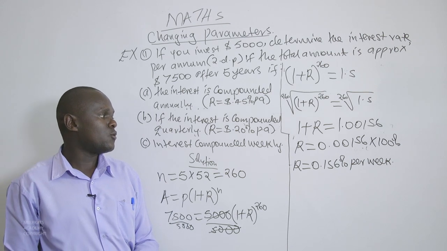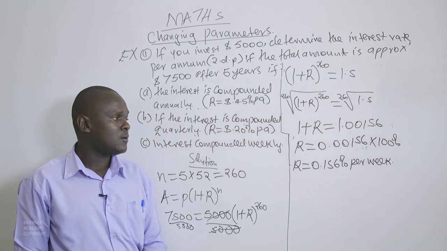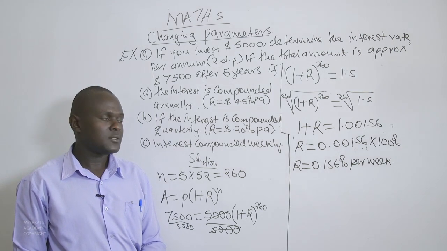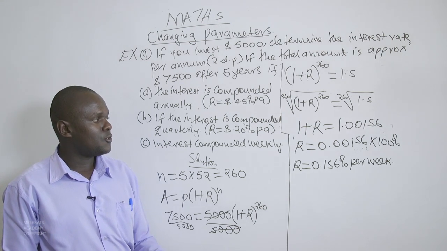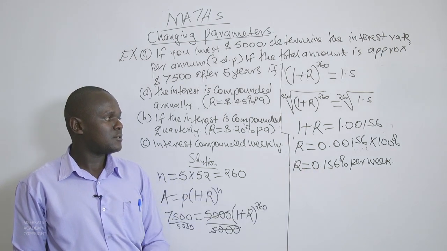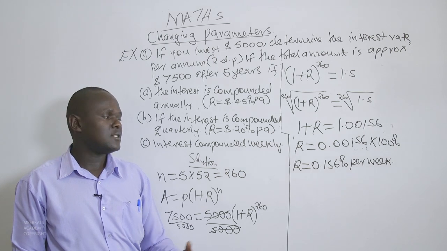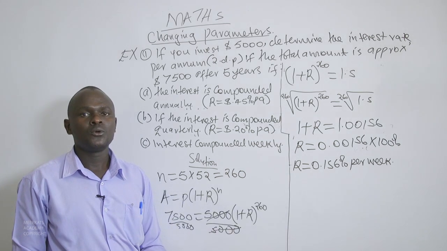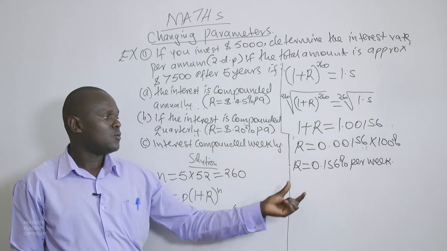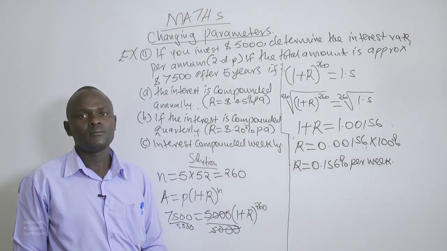The question required us to calculate the approximate rate per annum. So if this is the rate in a week, and in a year we have 52 weeks, what will be the rate per annum?